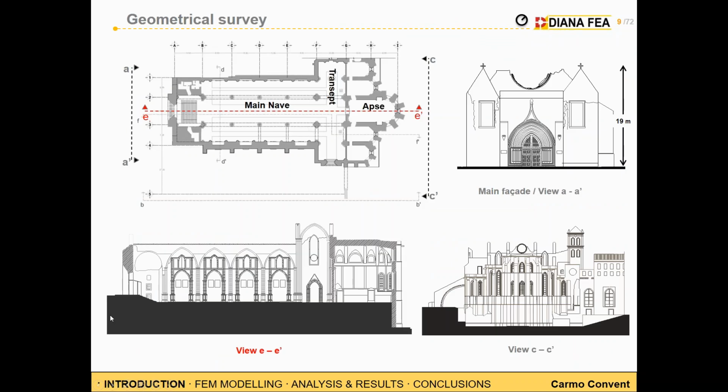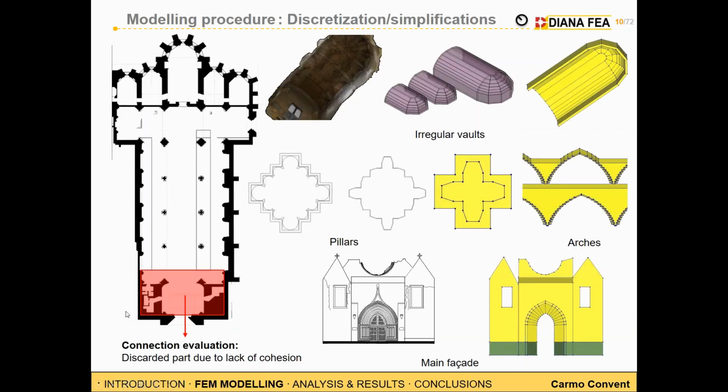So let's start going into the detail of the structure. As you can notice, the geometry is really complex, and therefore we need to simplify the geometry of Carmo Convent in a more appropriate and conscious way.